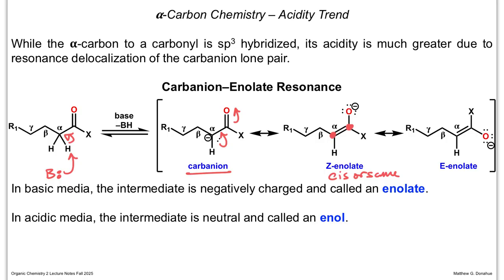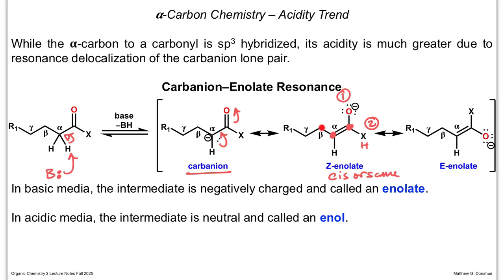The way that we know that it's Z, the 2 red dots are the carbons of the alkene. You look at what is bonded to each, and then you assign priority based on atomic number. So if X was hydrogen, oxygen would take priority 1, hydrogen priority 2 based on atomic number.